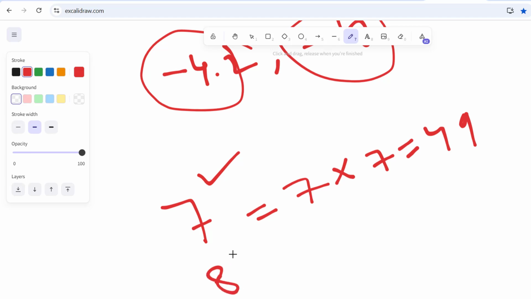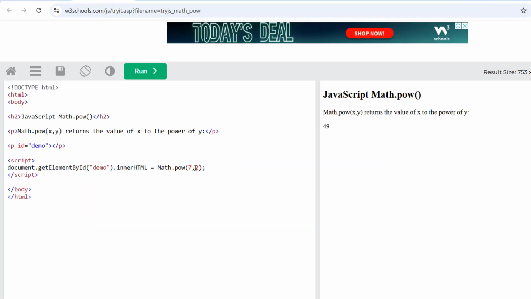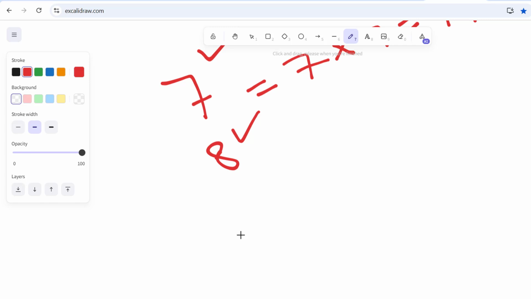If it is 8 squared, or if you give 3 and change the power, what will happen? 49 into 7 will become 343. So it means 7 cubed, I mean 7 into 7 into 7.